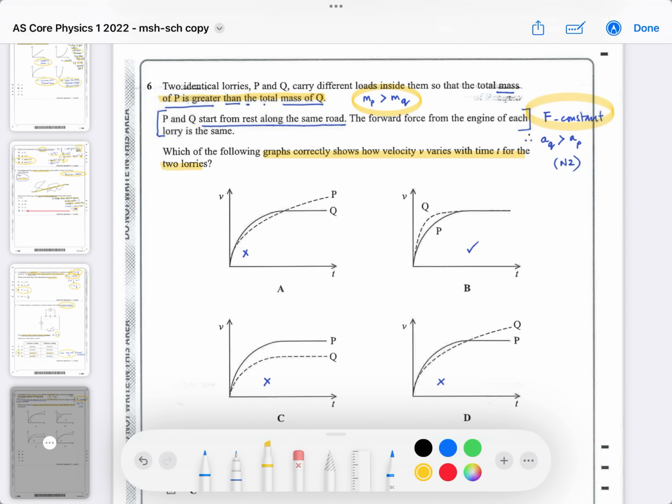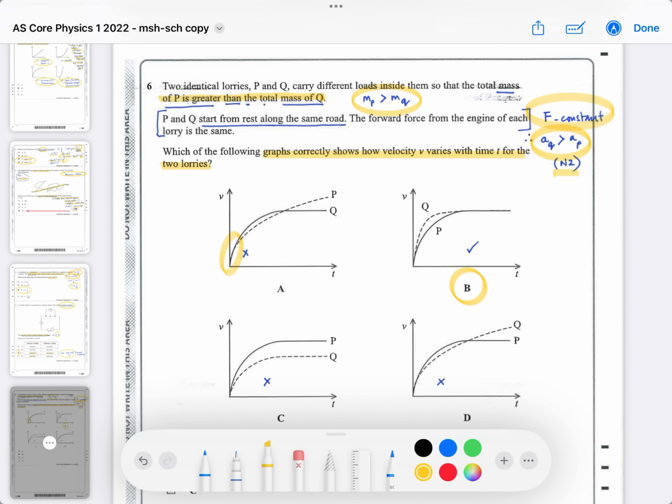Well, the one with a smaller mass, Q, must have a greater acceleration, because everything else is the same and the force is constant. So you're looking for the steeper line initially for Q, and the only one that has a steeper line initially for Q is B. You can see in A, they start off with the same gradient.